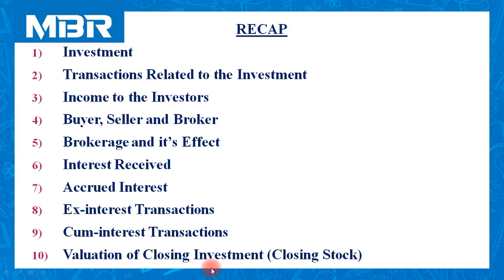If no information is given, we need to use first in first out, that is the FIFO method. So in the previous lecture we have discussed these 10 important points. Let us continue today's session with the understanding of ex-interest transactions and cum-interest transactions with practicals.